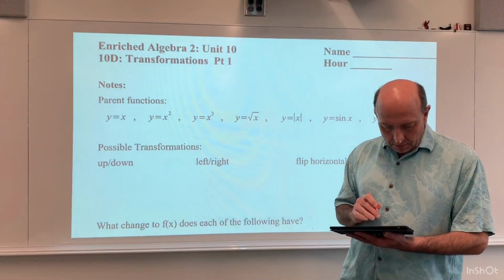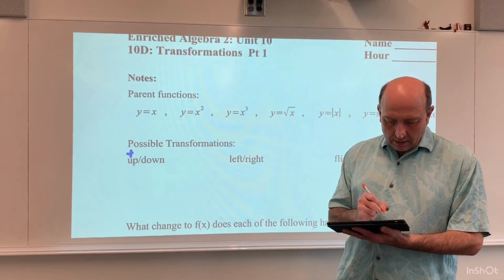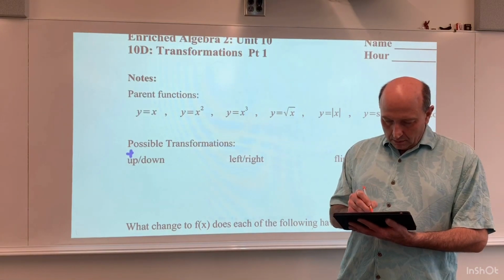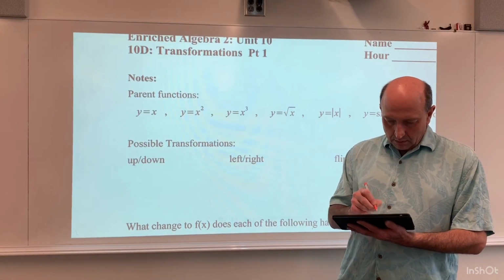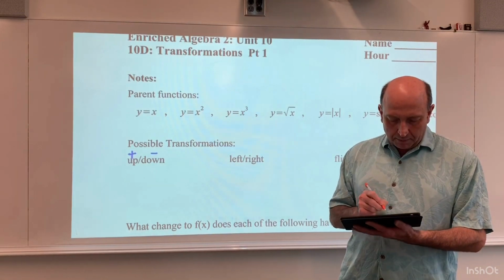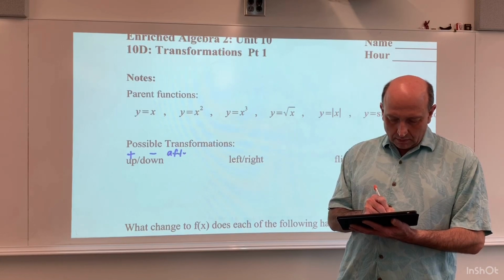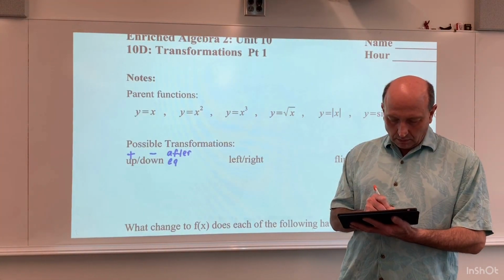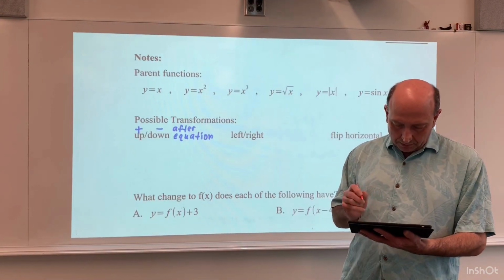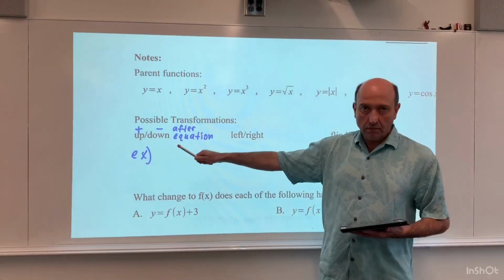Up or down? Up, you add a number to the end. Down, you subtract a number after the equation. For example, you pick any equation at random.